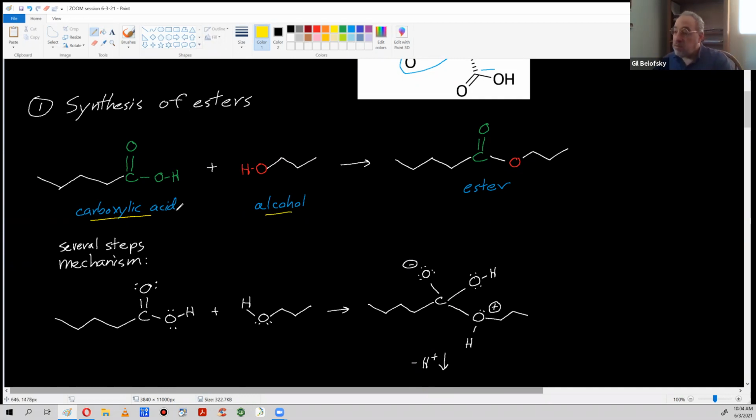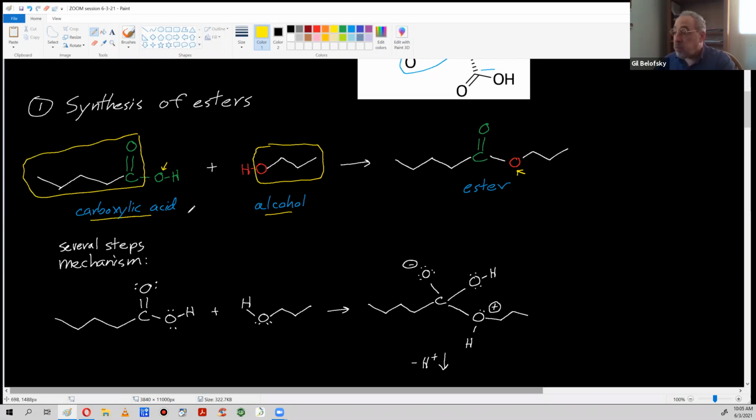And an alcohol. I basically color-coded it. So what ends up in the final product is all of this linked to this. The oxygen of the ester that results is donated actually by the alcohol. It's not this oxygen of the carboxylic acid, that leaves.